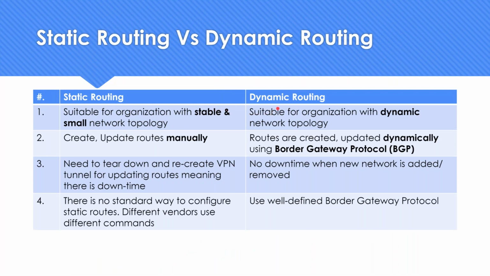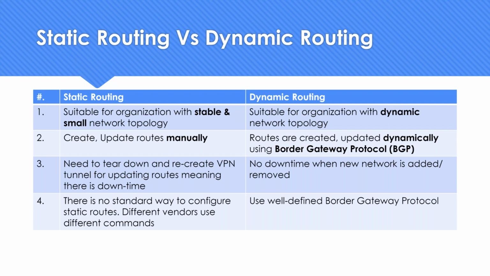Dynamic routing is best suited for organizations which are very dynamic in nature, where their network topology keeps on changing every week, every day, or every month. Static routing is suitable for organizations whose network topology is very stable. They don't even change it for months or for years.